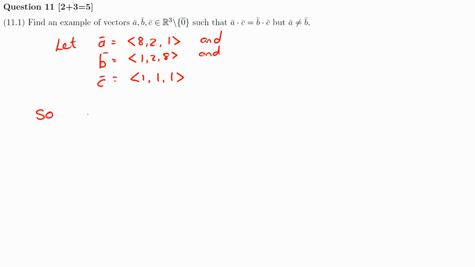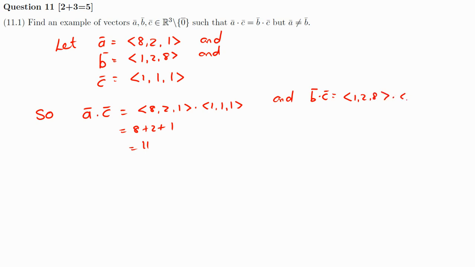So a dot c will be equal to (8, 2, 1) dot (1, 1, 1), which is equal to 8 plus 2 plus 1, which will be 11. And b dot c will be equal to (1, 2, 8) dot (1, 1, 1).